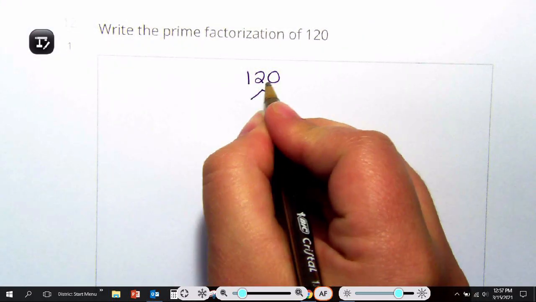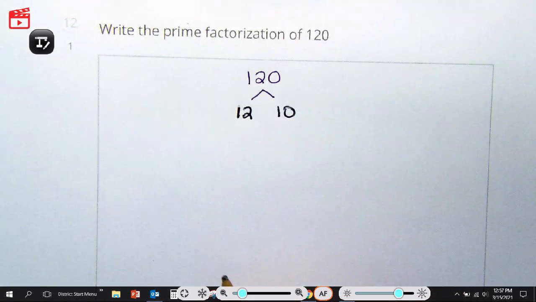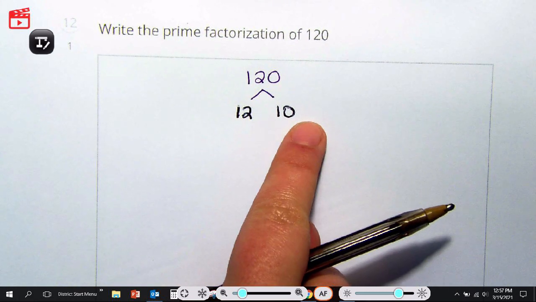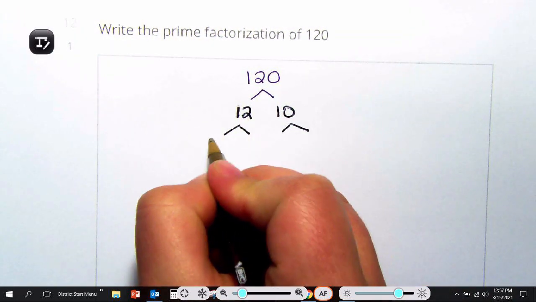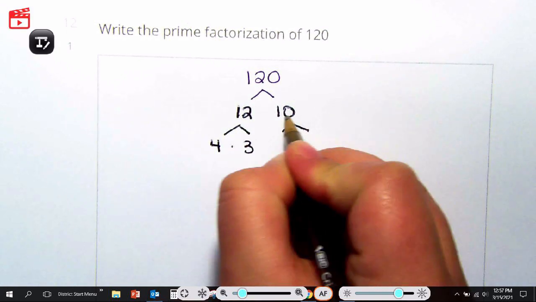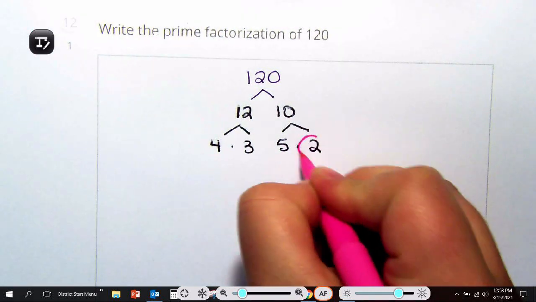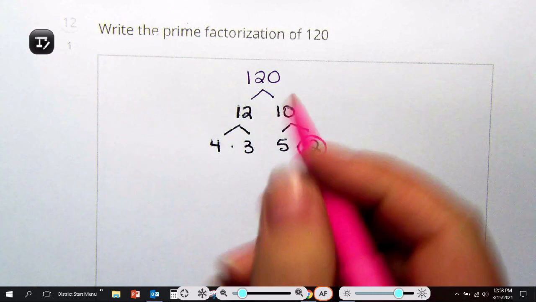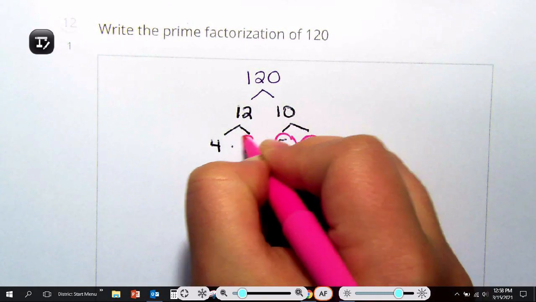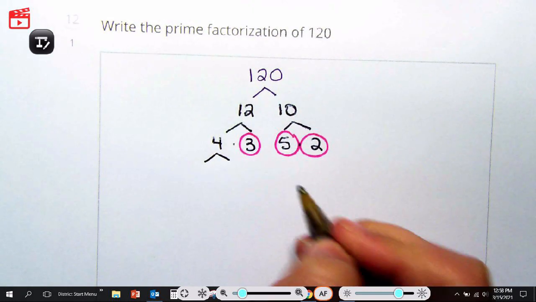Give me two numbers that multiply to 120. I know 12 times 10 is 120. 12 is not prime, 10 is not prime. So we're going to continue factoring both. 12 is 4 times 3. 10 is 5 times 2. I know that 2 is prime. If you look at your prime number chart, you know that 2 is shaded, 5 is shaded, 3 is shaded, but 4 is not shaded, so that means we have to factor 4.